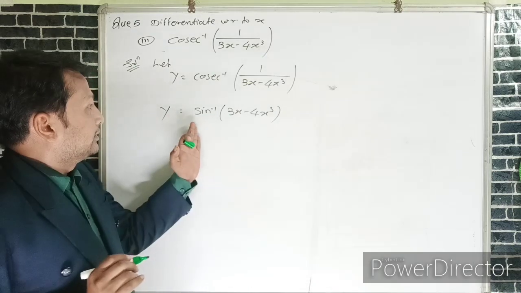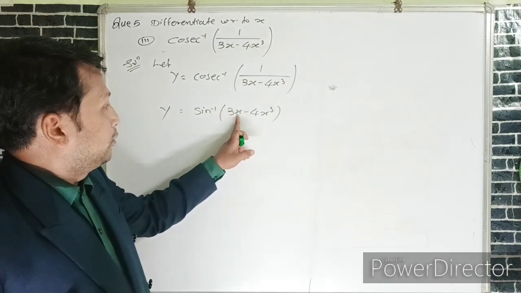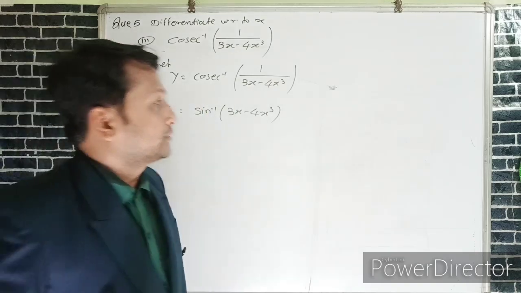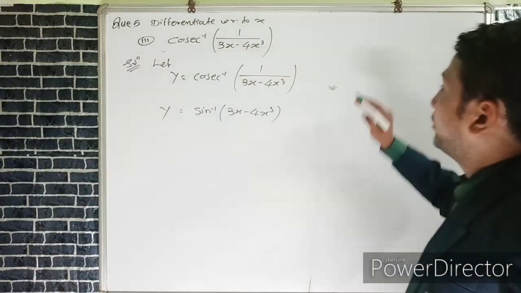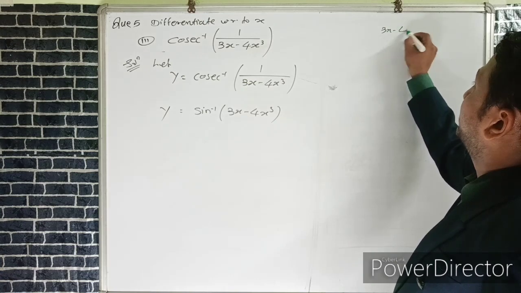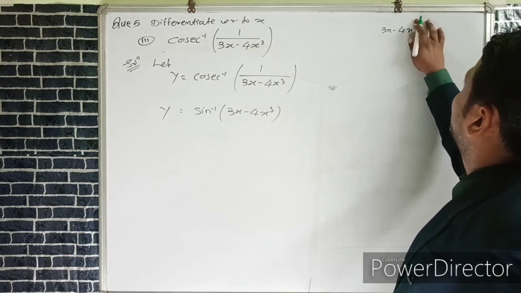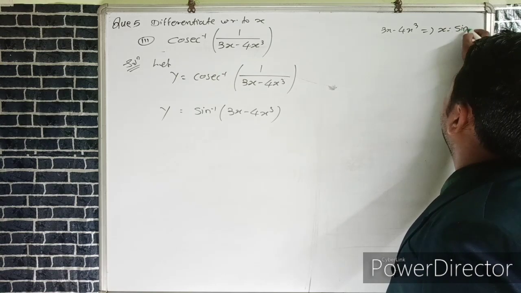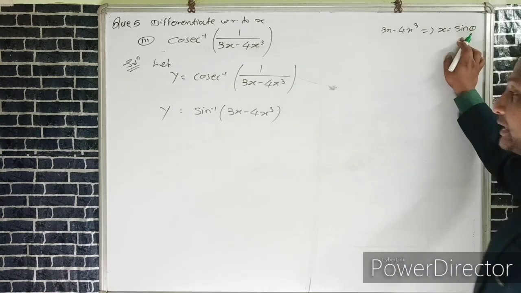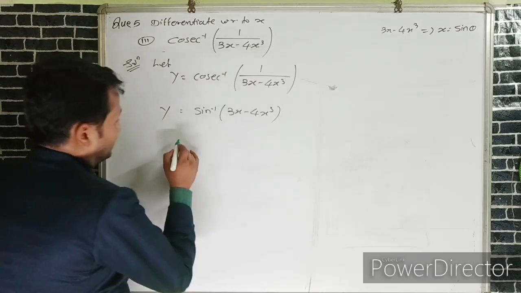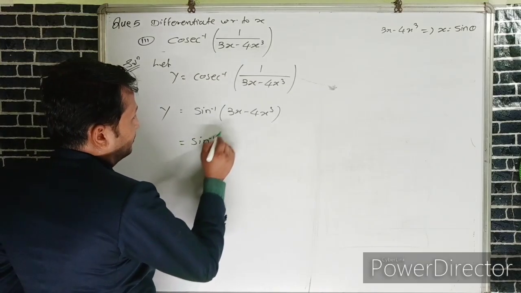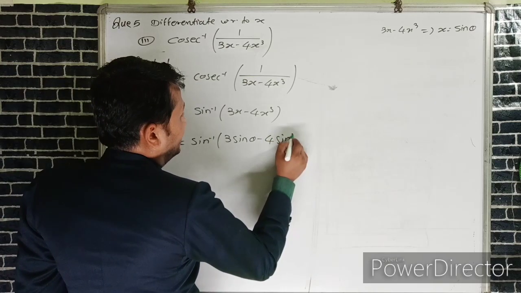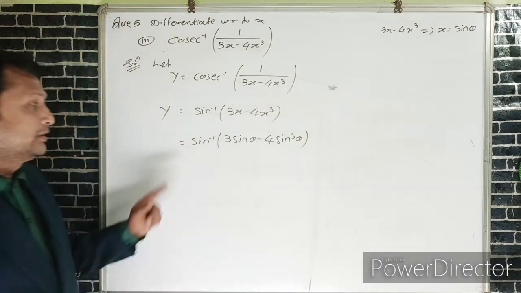If we take the value of x as sine theta by using the substitution, because the given function 3x minus 4x cube is given, then we can substitute x equals sine theta. If you substitute this value, we can write it as sine inverse of 3 sine theta minus 4 sine cube theta. We know that very well.